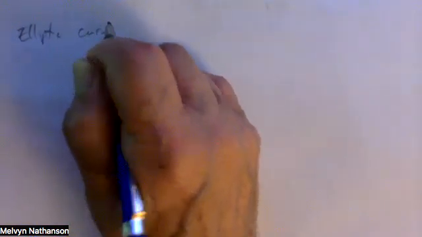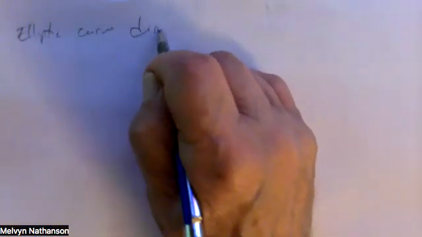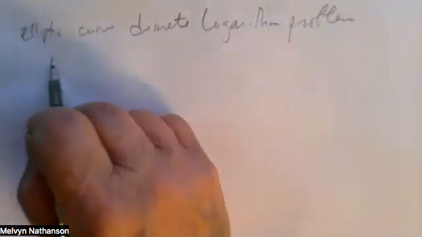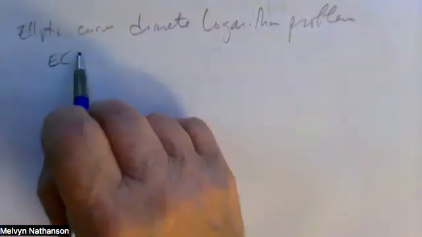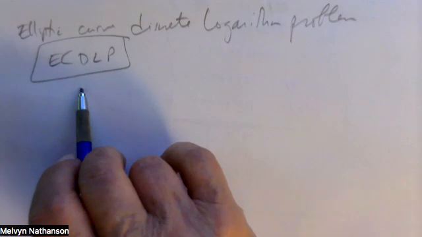One final remark. We have what is going to be called the elliptic curve discrete logarithm problem, ECDLP, the acronym.